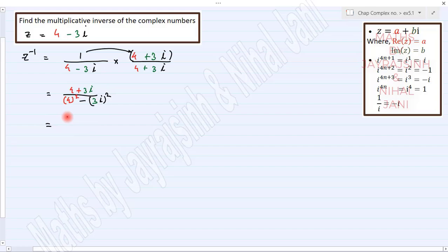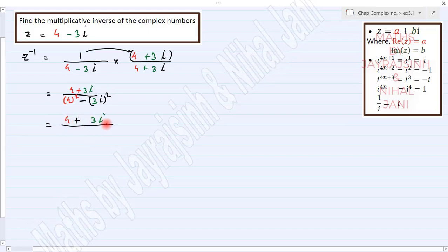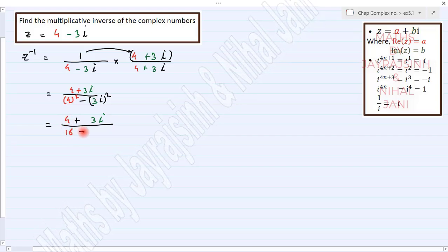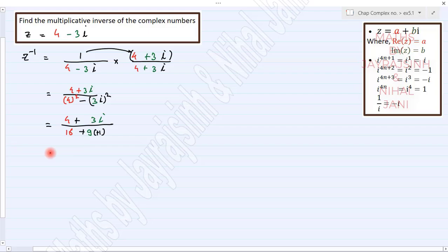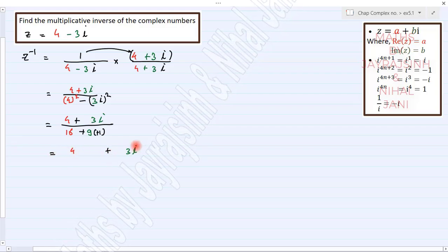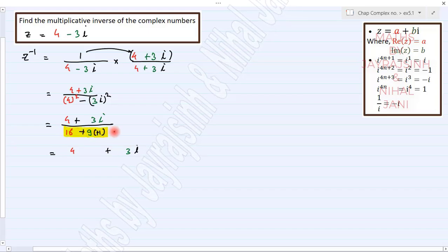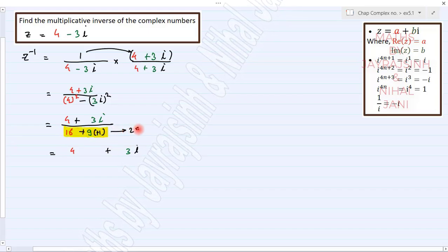So your numerator will be as it is, and in the denominator, we will get 4 square, or we can say 16, minus 3 square will be 9, and i square will be minus 1. So minus minus becomes plus. So we will get (4 + 3i) upon 16 + 9, or we can say 25.